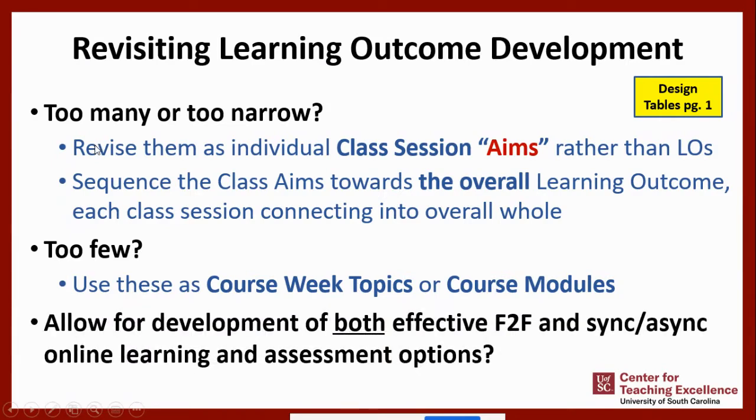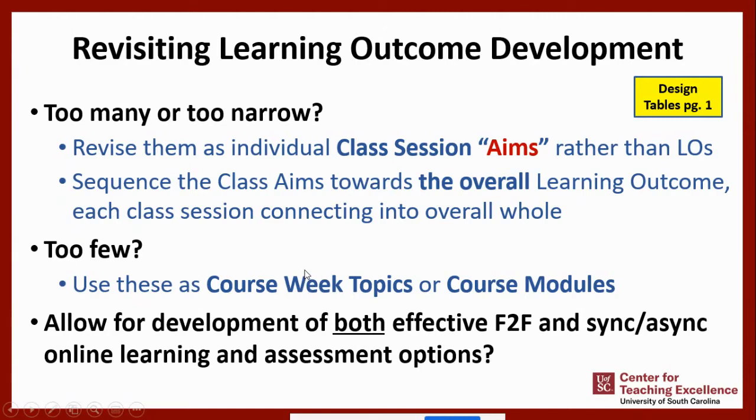What this allows you to do is develop both effective face-to-face and online learning, and make sure that your learning outcomes are achieving those either way. So you want to make sure that whatever your learning outcomes are, they are achievable equally between whether it's a face-to-face session or an online session.